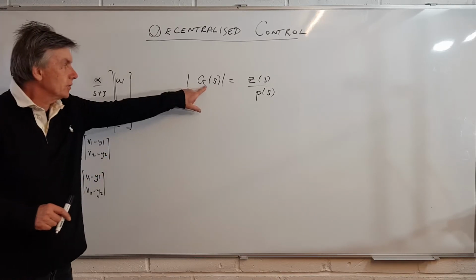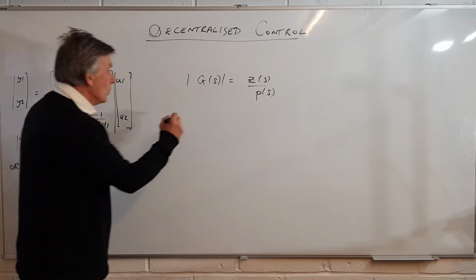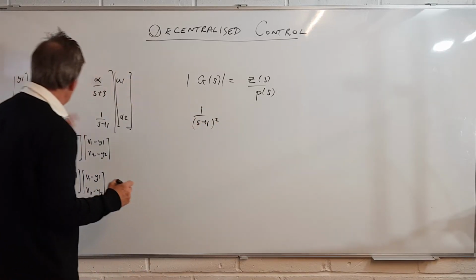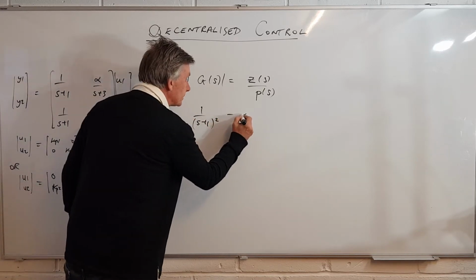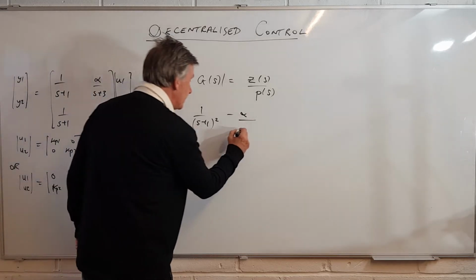So the determinant of G(s) will be that times that minus that times that, because that's the G(s) there. So that's going to give us 1 over (s+1) squared minus alpha over (s+1)(s+3).